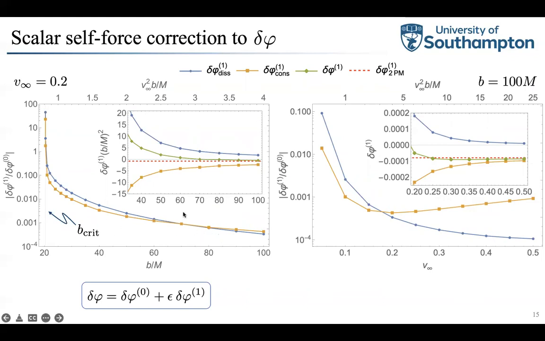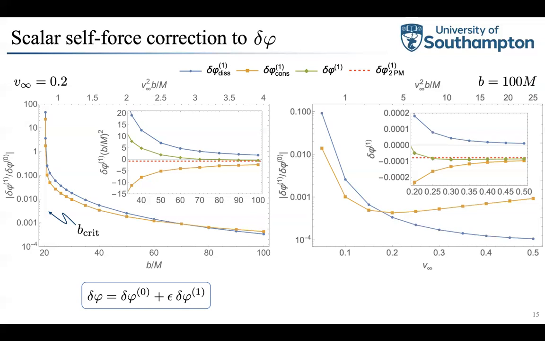If you look at the insets, you can see that the two pieces have different signs, which means when the conservative piece becomes dominant, the scatter angle actually swaps from increasing to decreasing, which is an interesting observation.